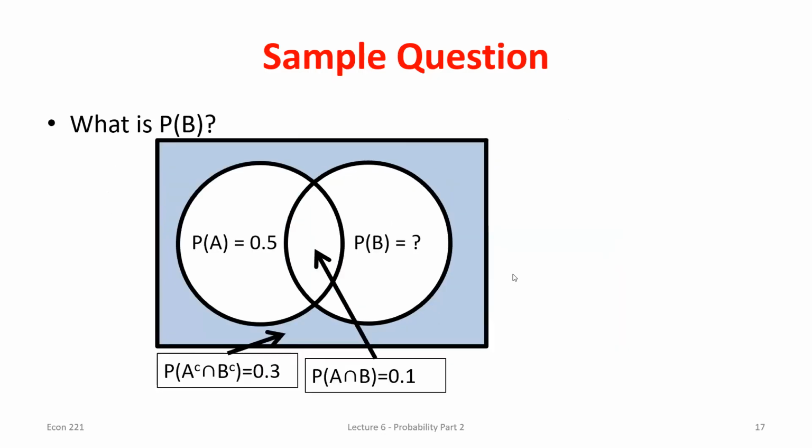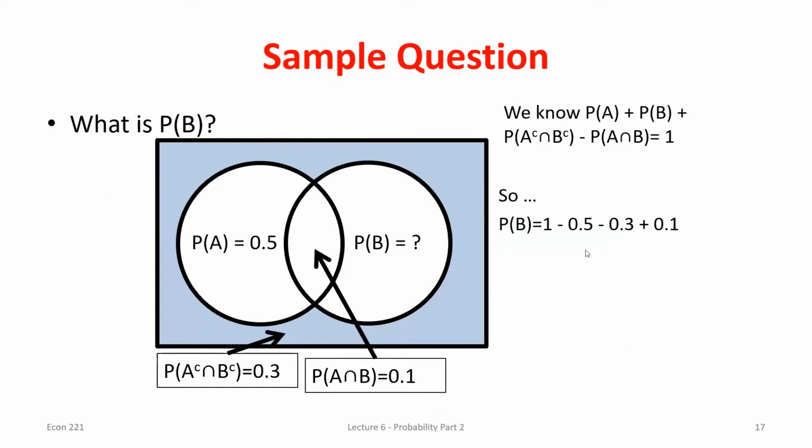Okay. So with this in mind, I've got my equation. I just start plugging things in. Probability of A is 0.5. The complements intersection is 0.3. And the intersection of the two events is 0.1. Okay. Once I plug all those values in, it's just a little bit of math.